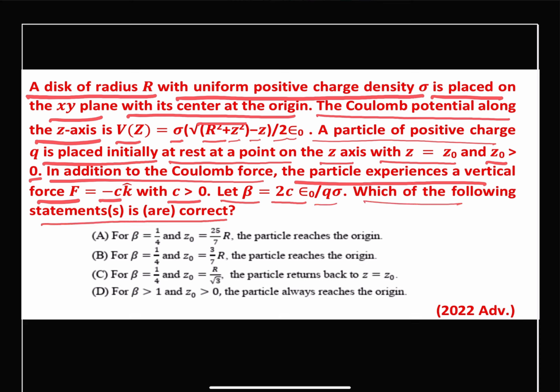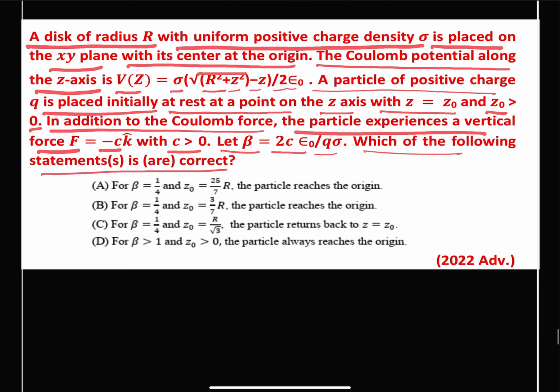So basically we are given various values of beta as well as z naught, and we have to find out whether the particle reaches the origin or it returns back to its original position. And this entire discussion is based on the concept of energy.